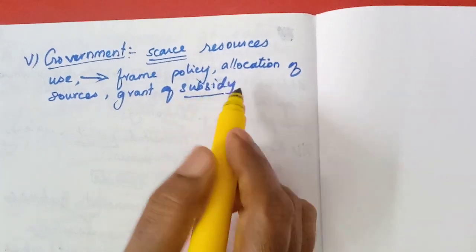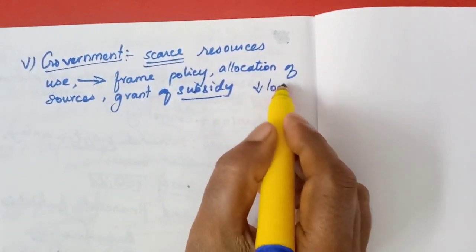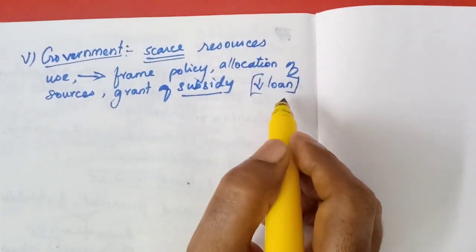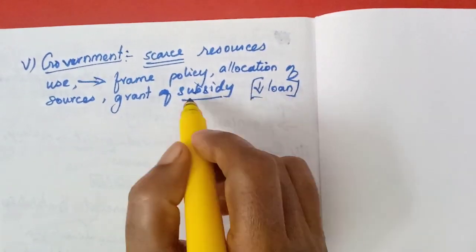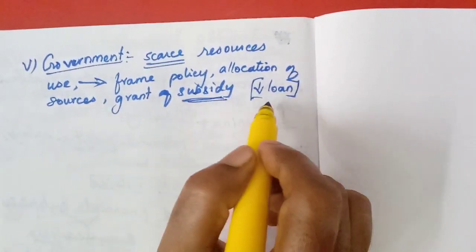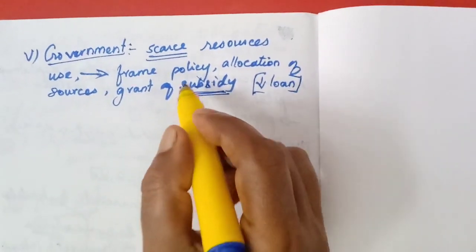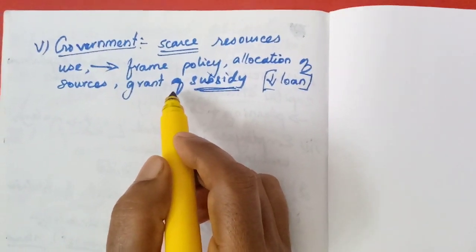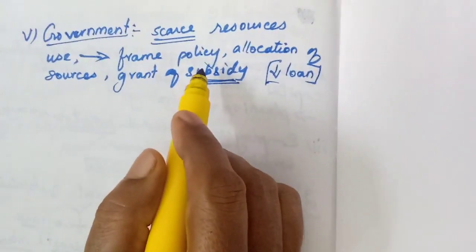Subsidy, reduction in the loan. They may give 10 lakhs rupees as loan, and they may provide 2 lakhs as subsidy. That means they do not need to pay that amount. That is called subsidy. Okay. Grant of subsidy. All these will be decided by the government with the help of financial information.